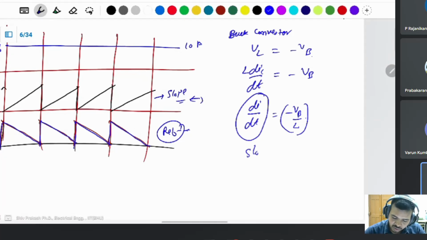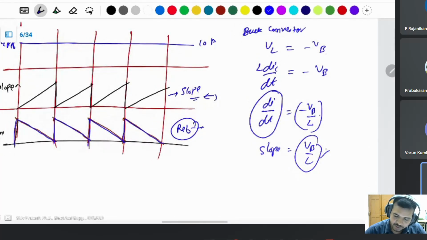If you consider the slope magnitude, this will be Vp minus L. This slope is used here. If we integrate this current, then what happens? Multiplication of time comes in. It will be minus Vb by L into dt, in the off duty cycle.